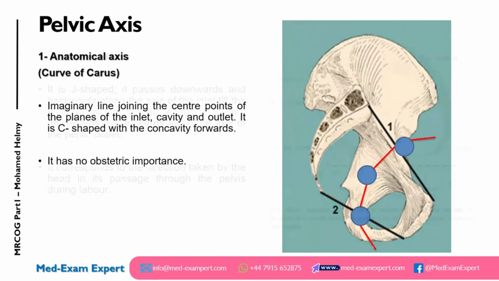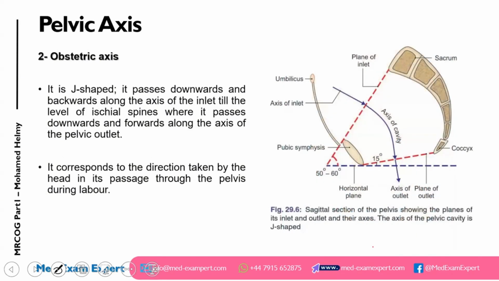But what matters for us is the obstetric axis, and it's the axis or the direction taken by the baby's head during the process of labor. We can assume that when the baby is delivered, it passes downward and posterior, until the level of the ischial spine, then the head moves downward and forward.